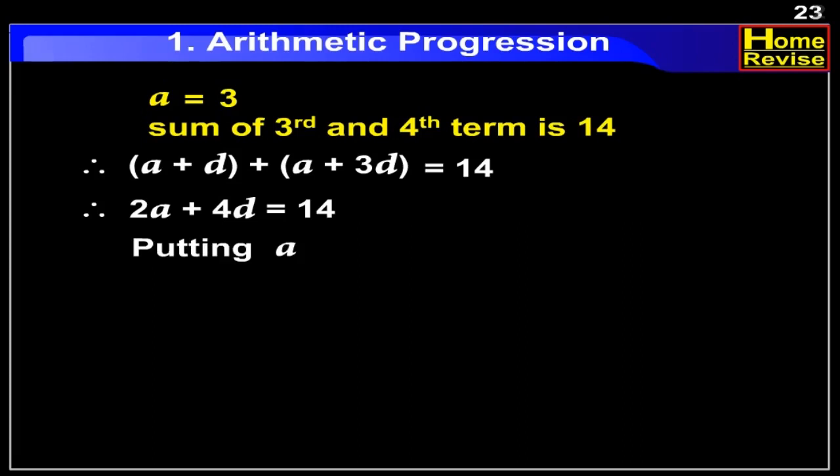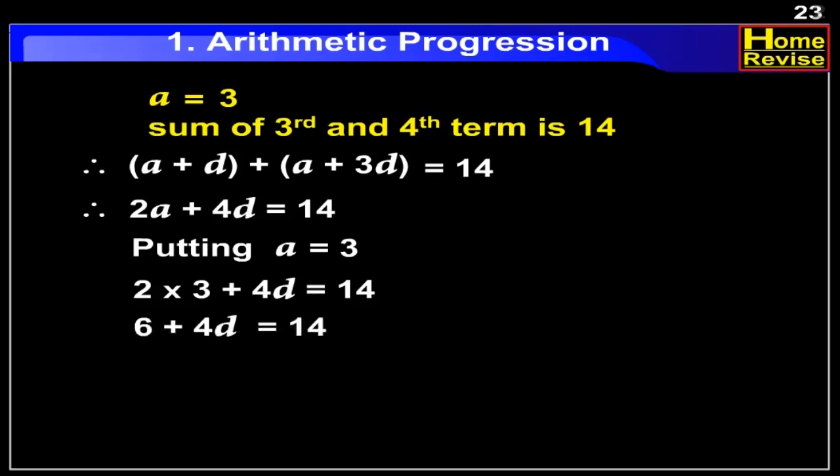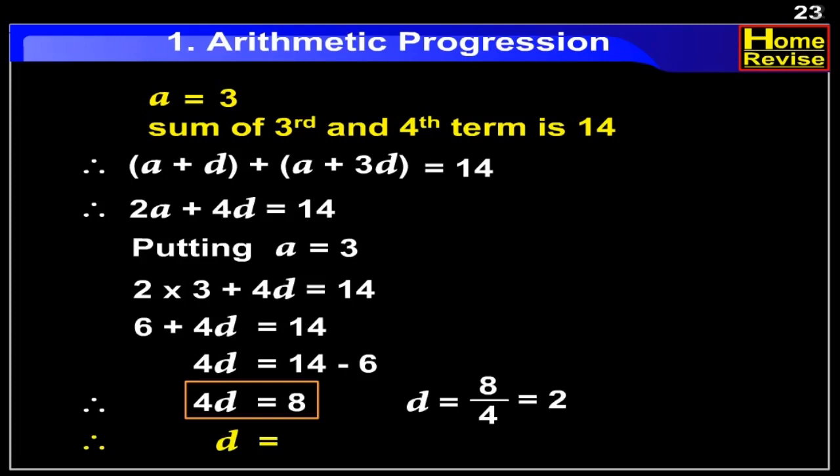Putting the value of a is equal to 3, we get 2 into 3 plus 4d is equal to 14. 6 plus 4d is equal to 14. 4d is equal to 14 minus 6. Therefore, 4d is equal to 8. Therefore, d is equal to 8 divided by 4. Therefore, d is equal to 2.